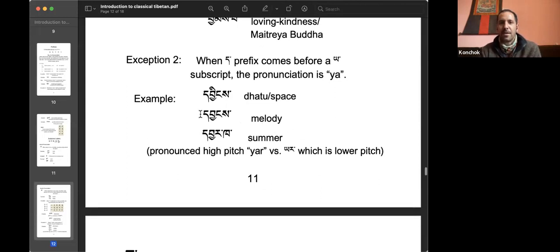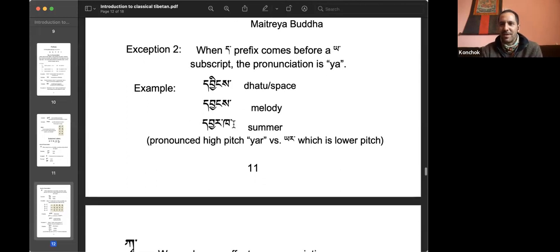Yang is melody. My friend Ani Choyang, Dharma Melody, that's her name, Choyang, popular name also in Tibetan. Also many girls are called Yangchen. Her name is Saraswati.